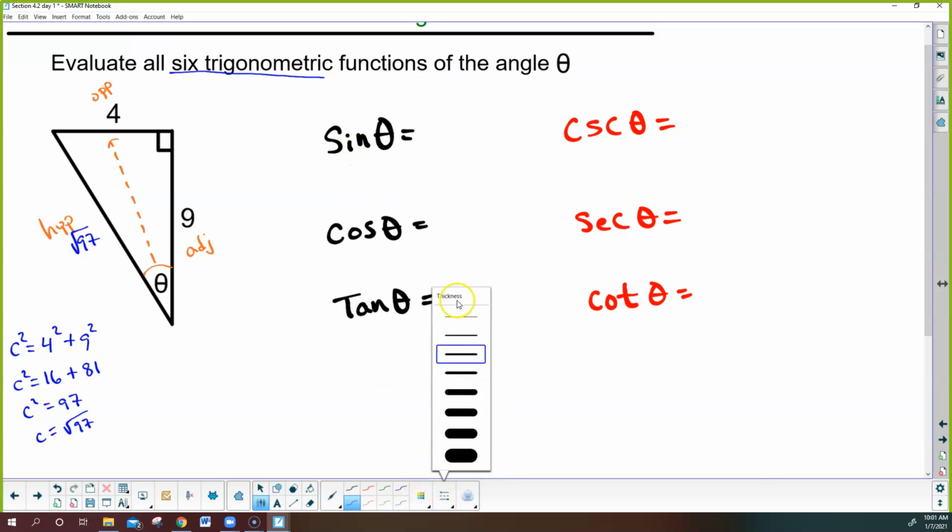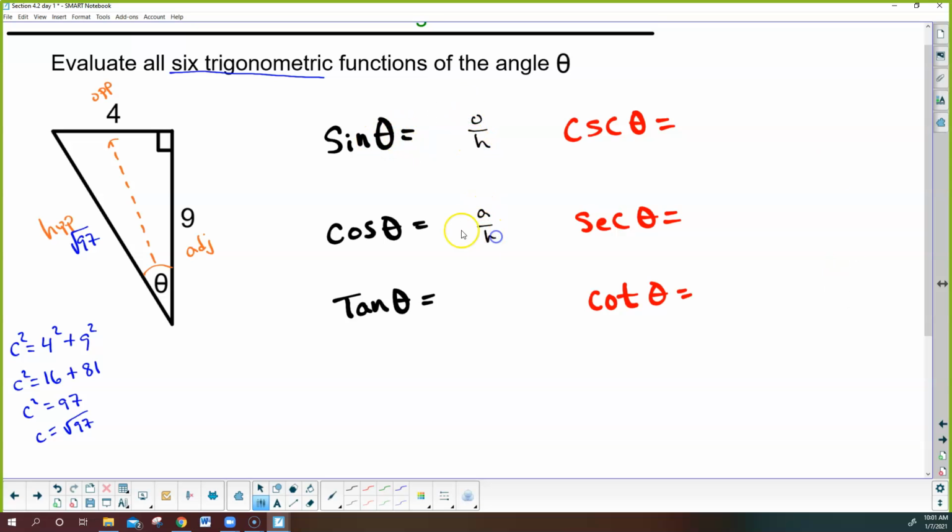So the nice thing about doing this is we know SOHCAHTOA, right? Opposite over hypotenuse, adjacent over hypotenuse, and opposite over adjacent. So I already have all my side lengths labeled. So the opposite side is 4.